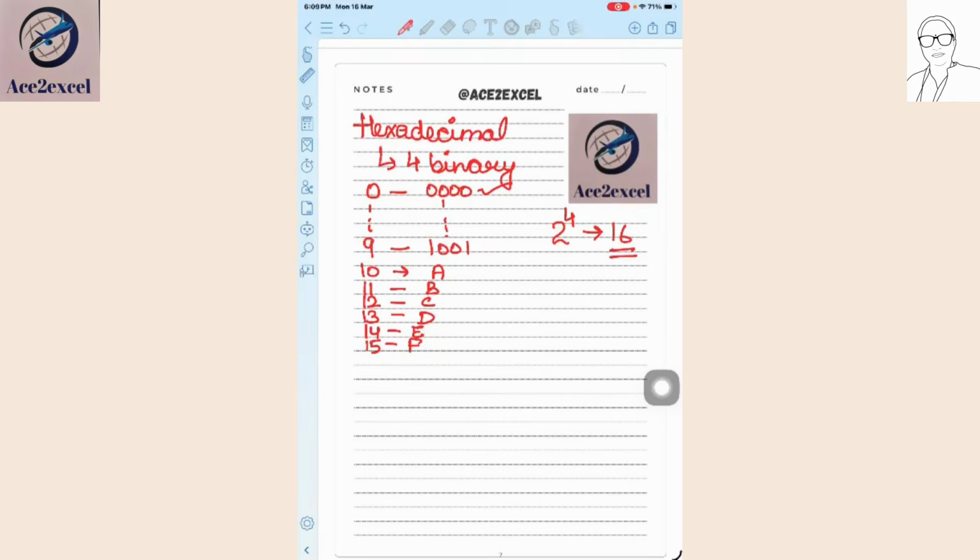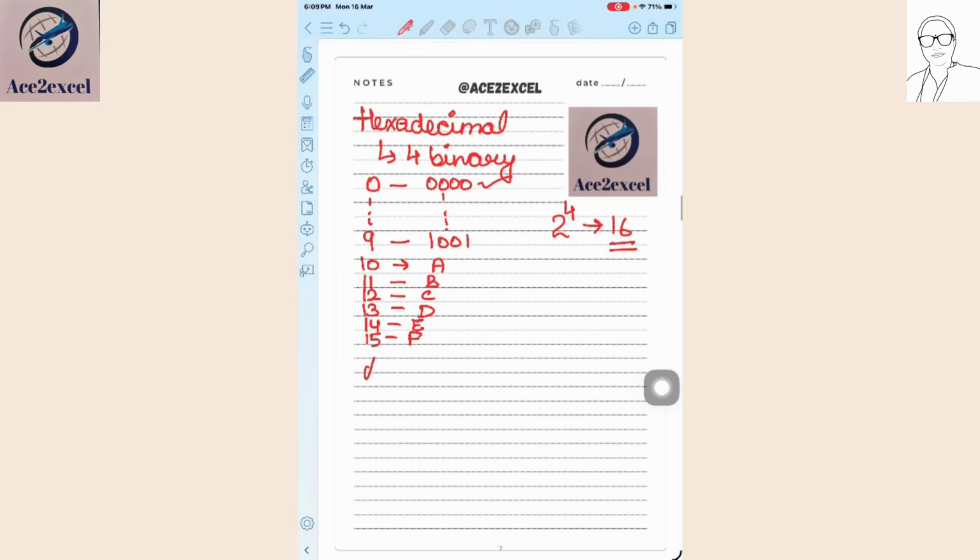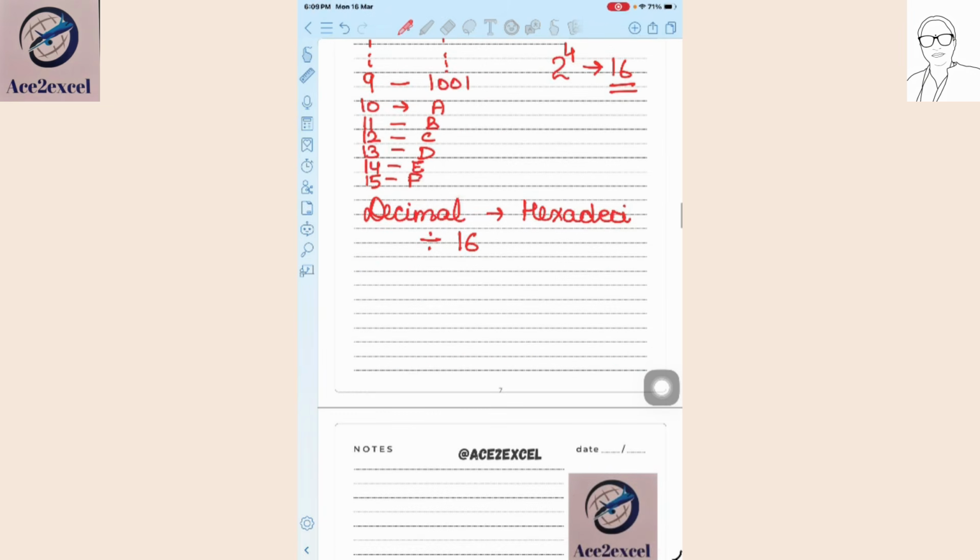Now, let's start with the conversion. 2 types of conversion can be done. Decimal to hexadecimal: D for decimal, D for divide. In this case, divide by 16. Let's start with the very first conversion. Taking number 356, we are going to convert it into hexadecimal. So we'll be dividing by 16.